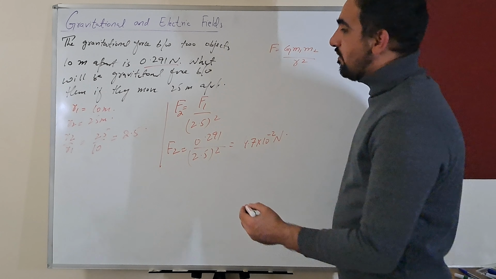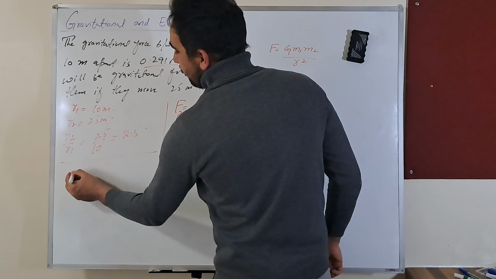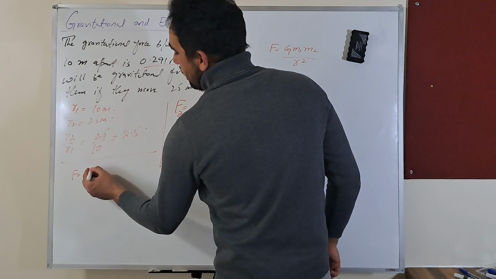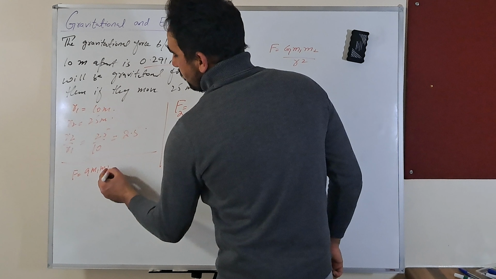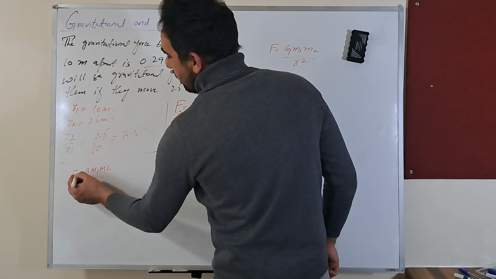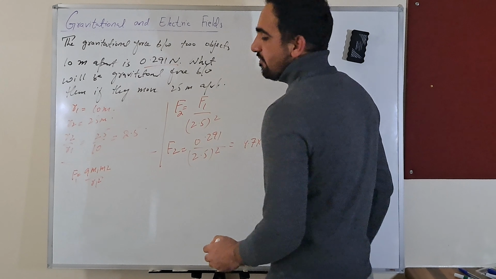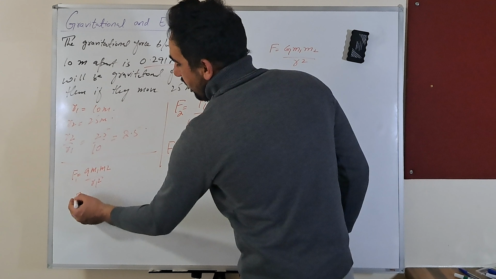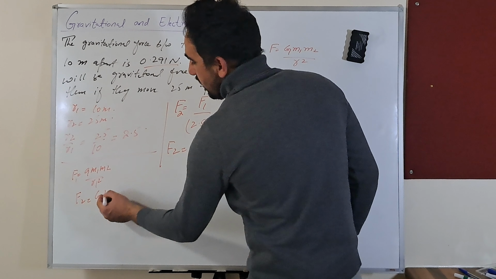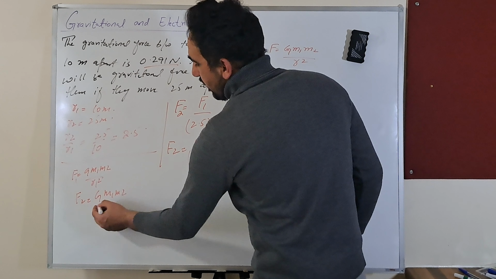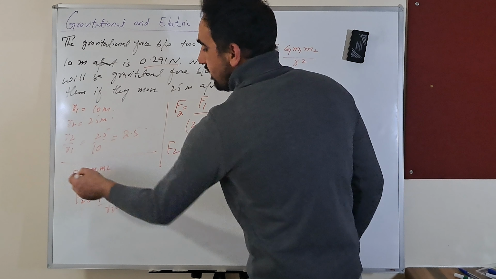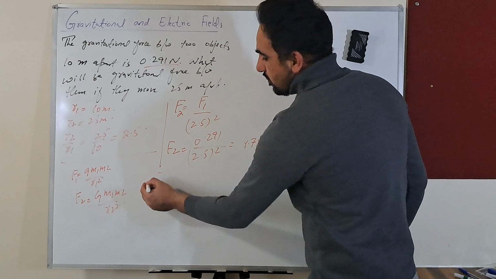You can also solve this by F is equal to G m1 m2 divided by r squared. Let's call everything 1, and then F2 is equal to G m1 m2 divided by r2 squared. And you can find the ratio of forces.